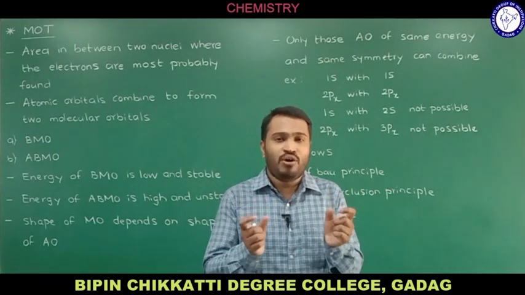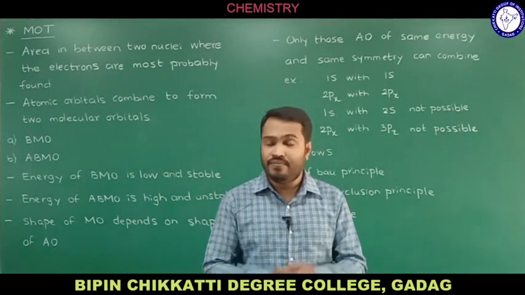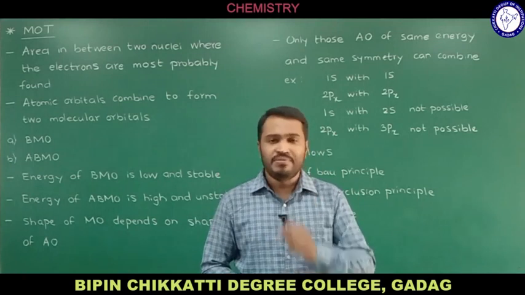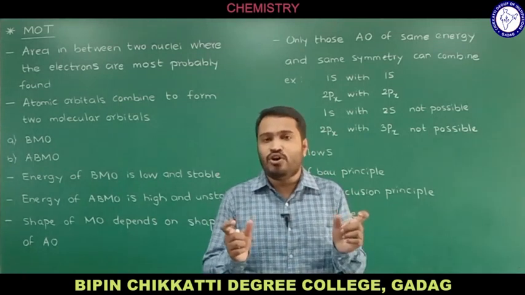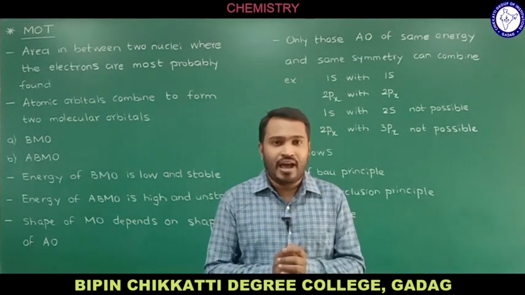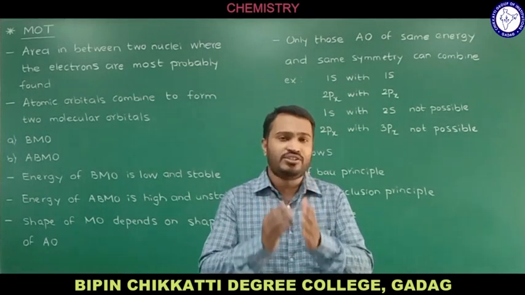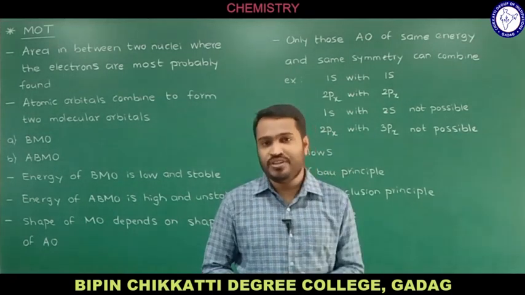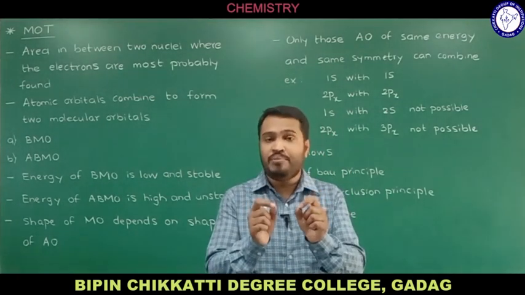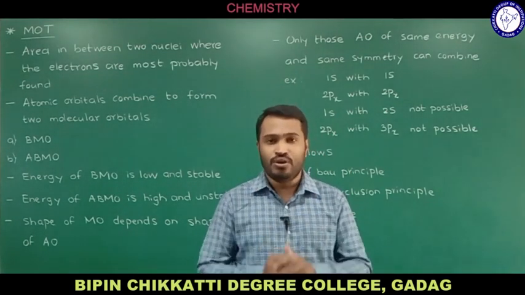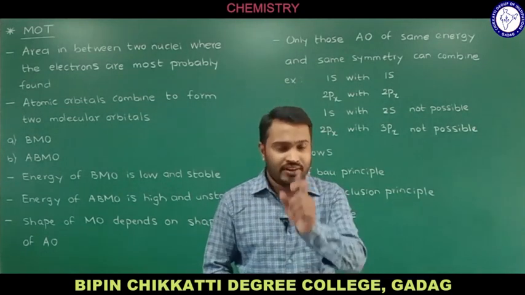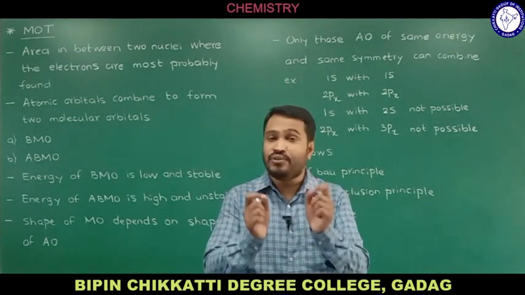When atomic orbitals overlap, we get molecular orbitals. Remember that when two atomic orbitals overlap, there will be a particular region where the probability of finding the electron is more, which is rich in electron density, and that region is considered a molecular orbital.